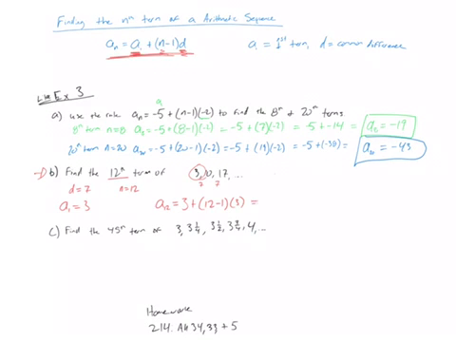So it's going to be 3 plus 11 times 7. It's going to be 3 plus 77. So that means my a sub 12 term is equal to 80.